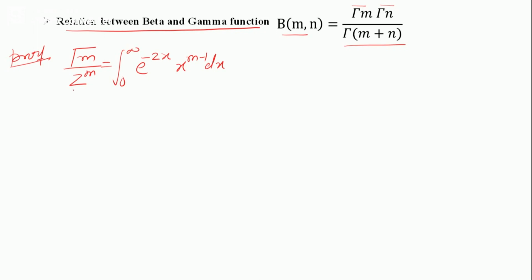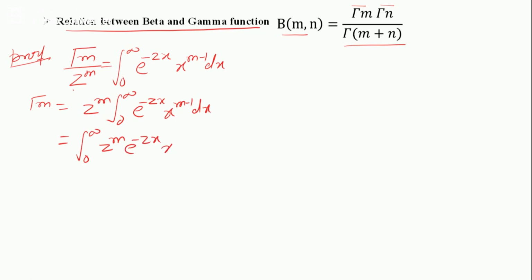Now we can write Γ(m) is equal to z^m times the integral from 0 to infinity of e^(-zx) x^(m-1) dx, or you can take that in the integral as z^m e^(-zx) x^(m-1) dx. That's Γ(m).